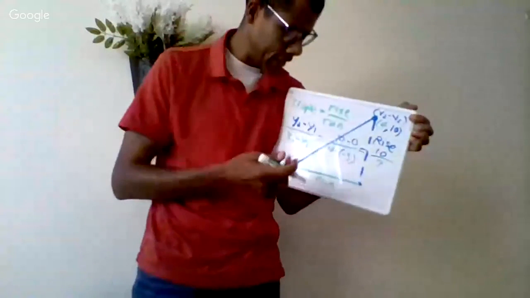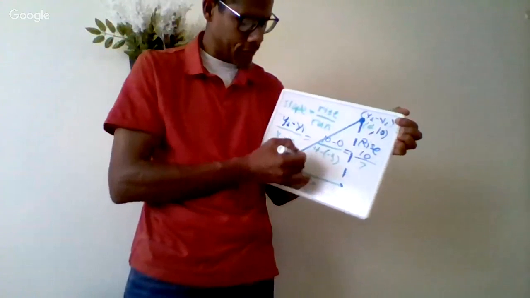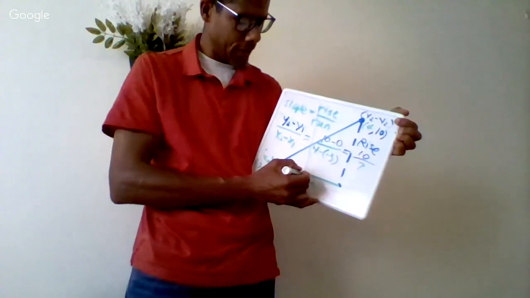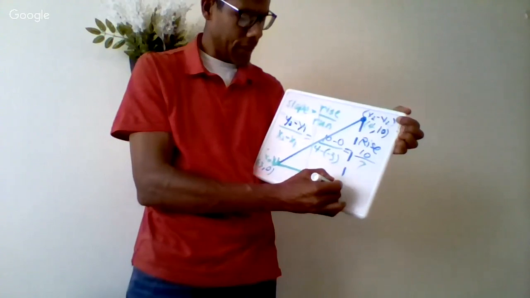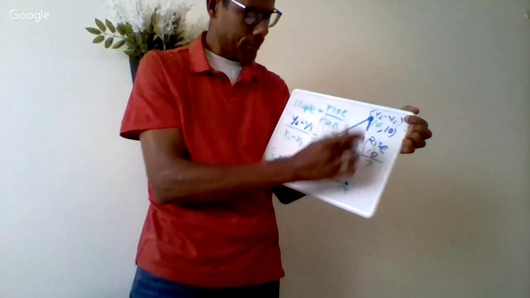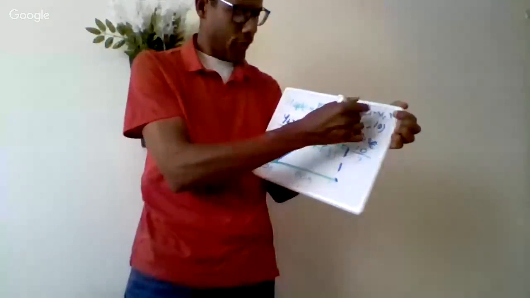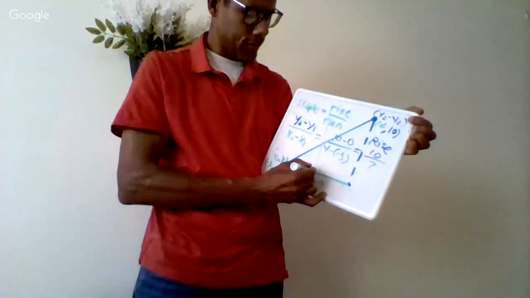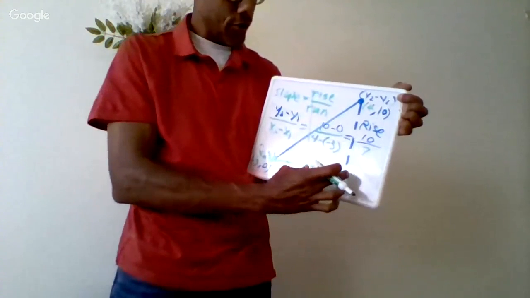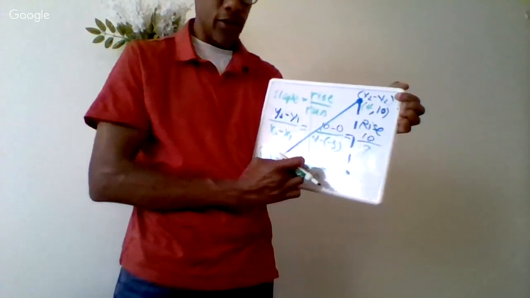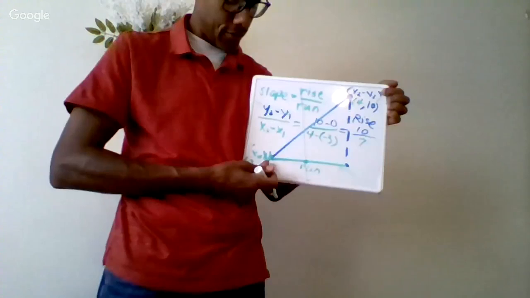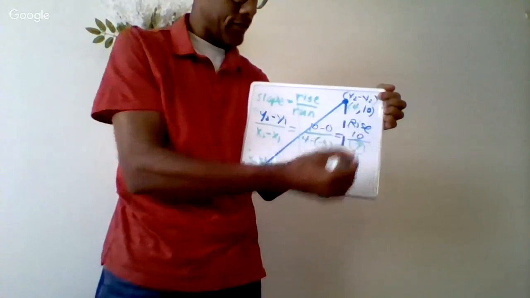If you draw the x and y axis, this point would be 4 comma 10, this would be 0, 0, and this would be -3 comma 0. You went 4 spaces to get back to the origin, and then 3 more spaces to get to -3. That's why it's a positive 7.